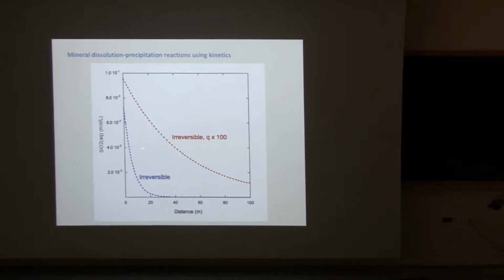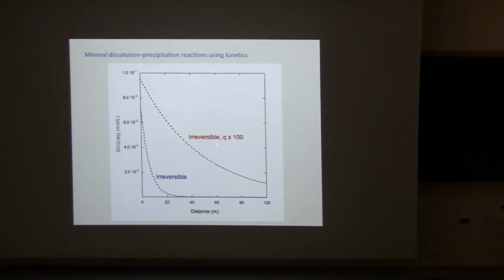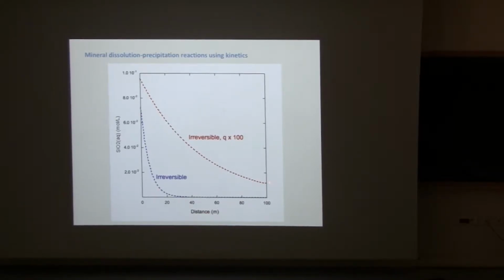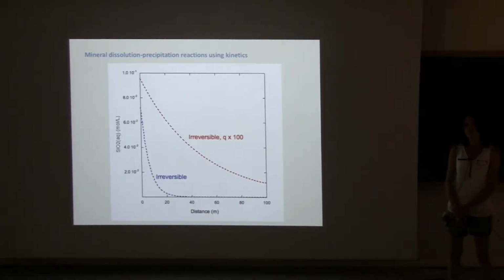So in this case, we have some reaction that's going pretty darn fast, right? Within 30 meters, we're out of reactant. And if we increase our flow rate by 100-fold, then we haven't run out of that reactant by the time we hit the end of the domain. That makes sense, right? So let's go to a watershed.